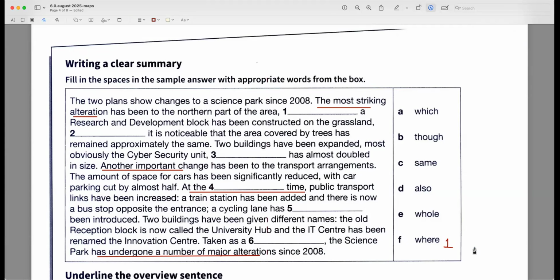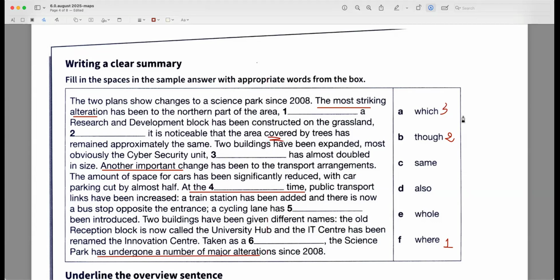So this is noticeable that they are covered by approximately the same. Two buildings have been expanded. Most obviously is the cyber security business, which has the most people. Okay, great. Good job.